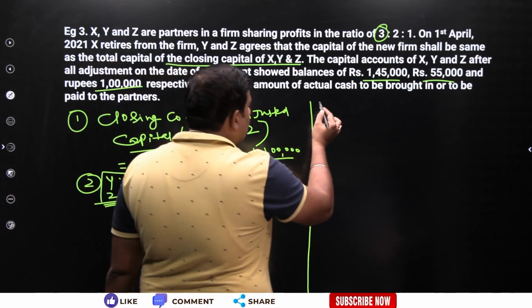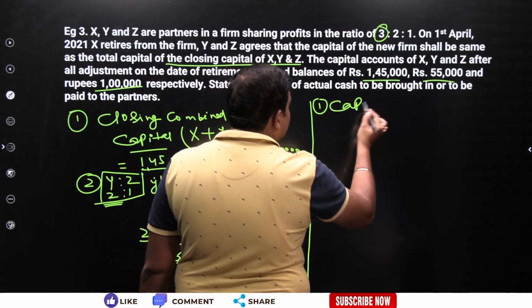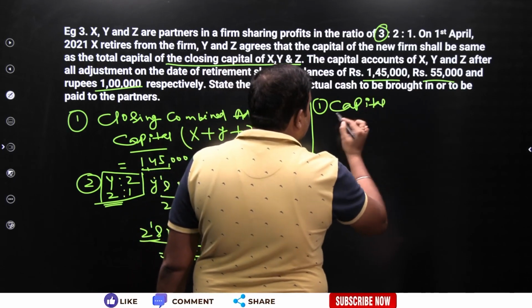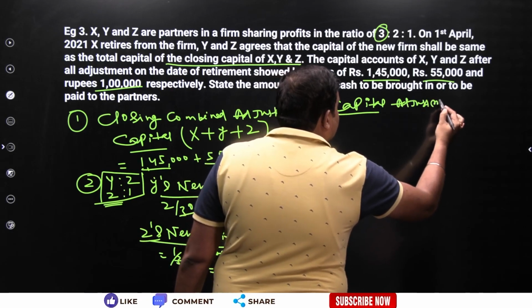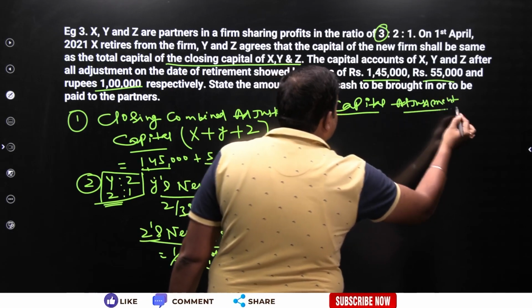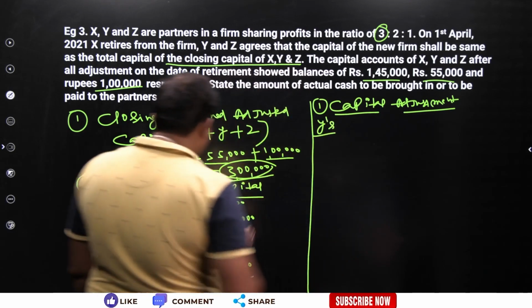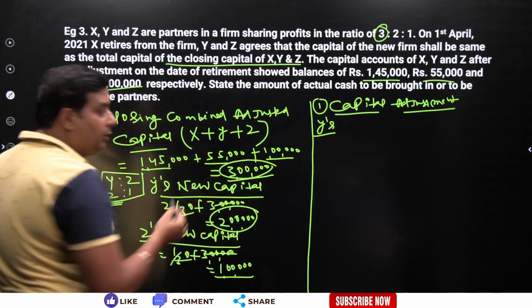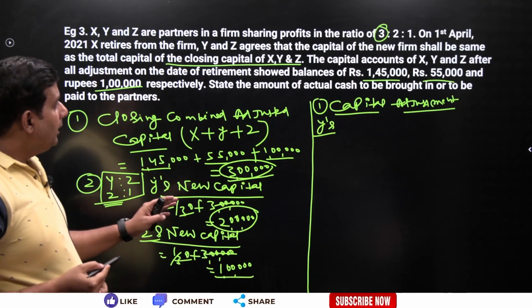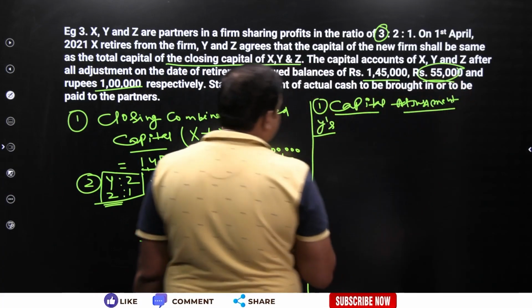Okay. So first of all, we need to adjust the existing continuing partners. I'm just talking about the capital adjustment, so I'll adjust Y's capital first. Y has a requirement of 2 lakh as per the new capital, but he has only 55,000 in hand.